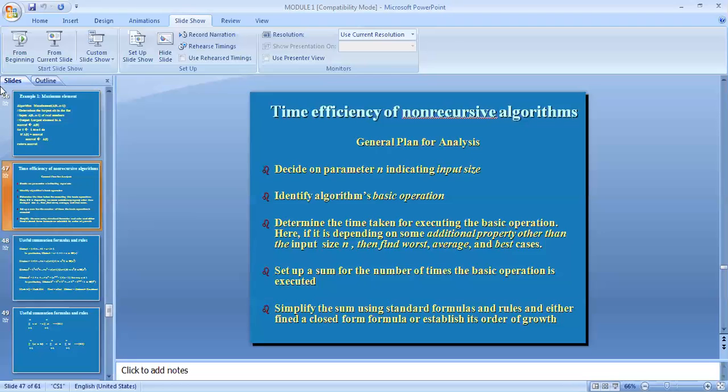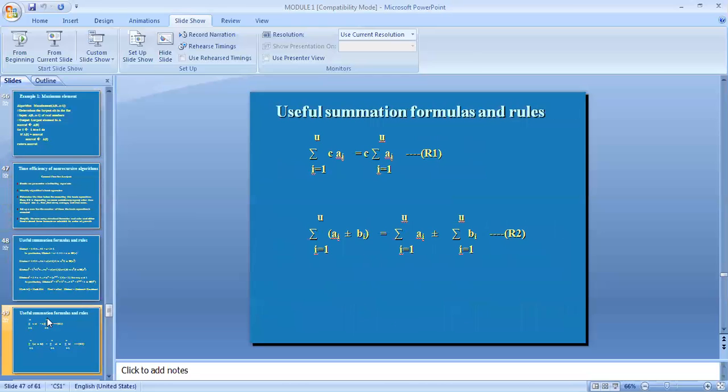In particular, we use especially frequently two basic rules of sum manipulation. The summation from i equal to 1 to u of c times a_i equals c times the summation of a_i, where i varies from 1 to u.